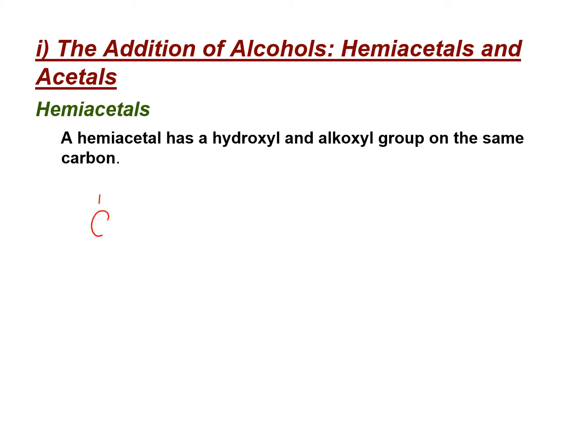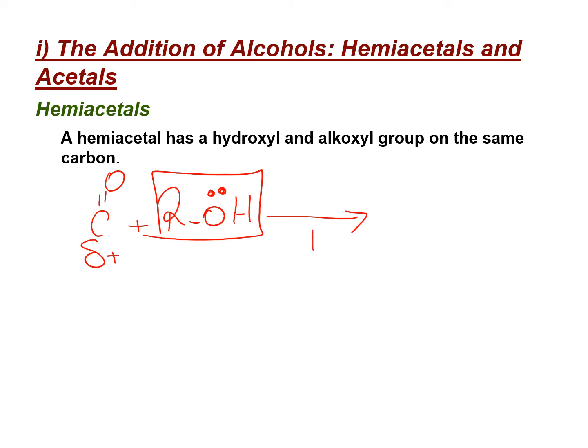If you have a carbonyl group and you have an alcohol, the alcohol has a lone pair of electrons and the carbonyl is carrying a partial positive charge. As we have mentioned, alcohol here is regarded as a weak nucleophile, so you have to add an inorganic acid so that you will proceed using the weak nucleophile mechanism.